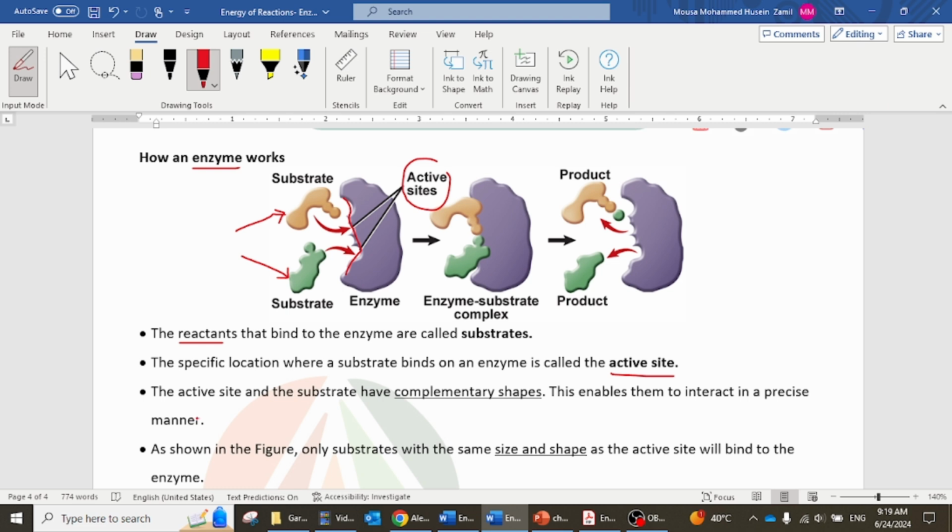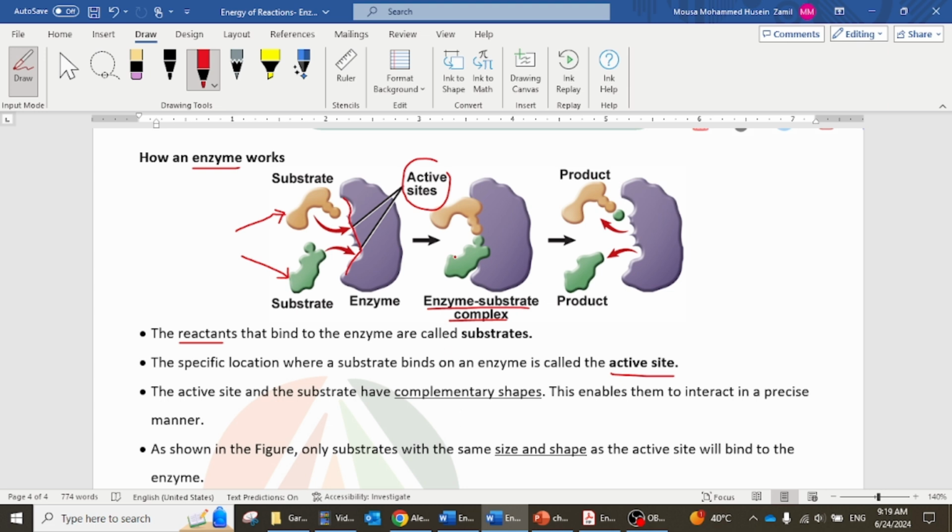Once the substrates fit on that part of the enzyme, which we call the active site, they will form what we call the enzyme substrate complex.